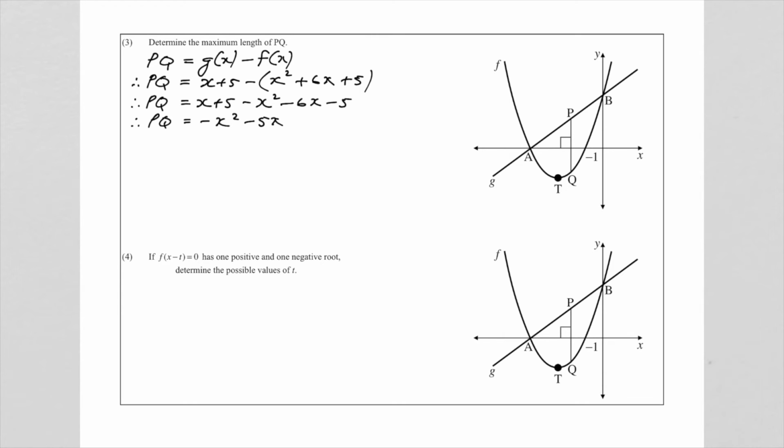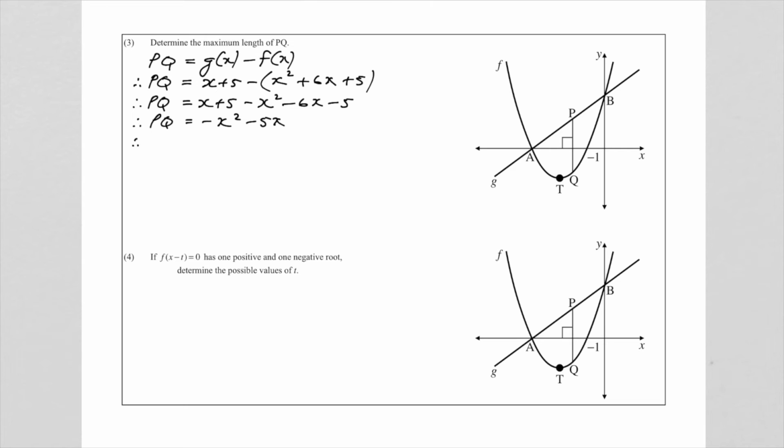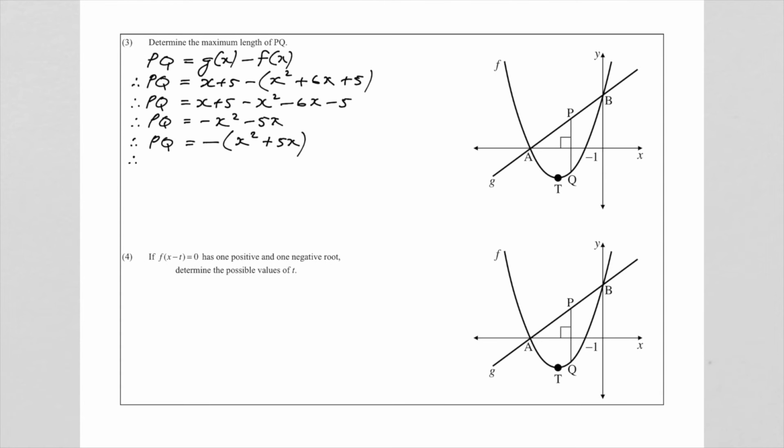So we're going to say that PQ is equal to, and you remember when we complete the square, we take out whatever is with x squared. In this case, it's a minus 1. And we are now left with x squared plus 5x. So we took out the negative, and now we need to change this binomial into a trinomial, which is a perfect square.